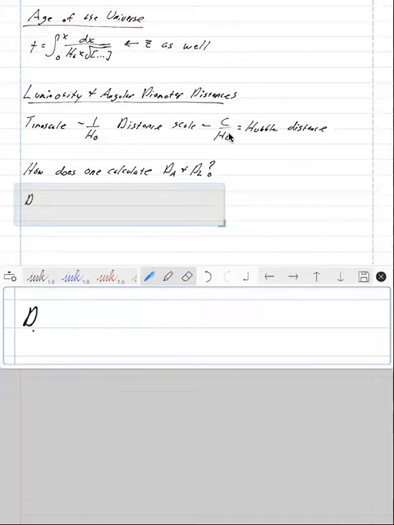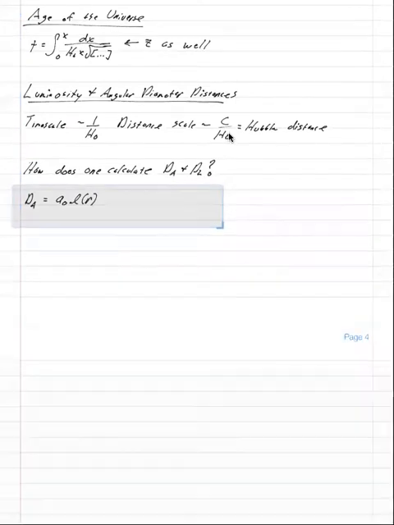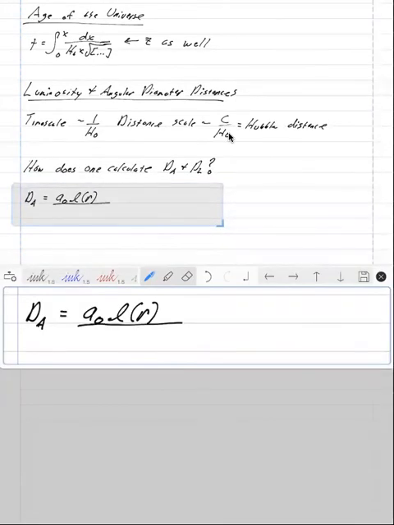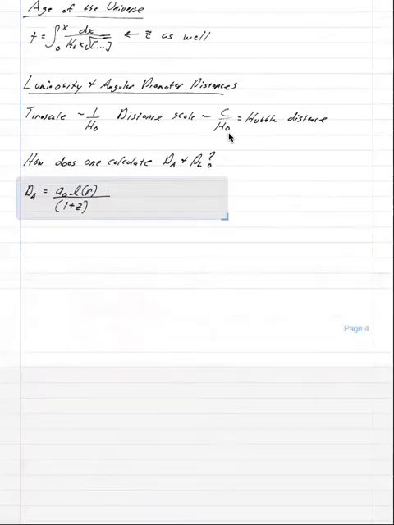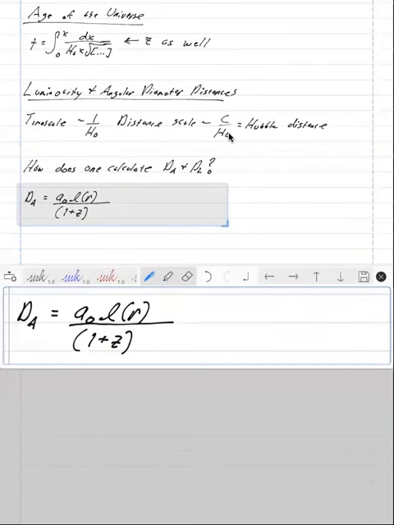So the angular diameter distance, if you recall, is a0 times L, this function L of r, which represents a co-moving function, divided by 1 plus z. And ultimately, the question is going to be, what is r? And that's what we're going to calculate.